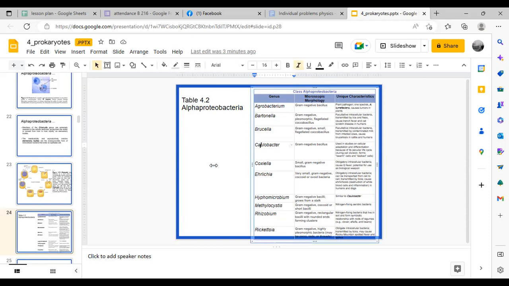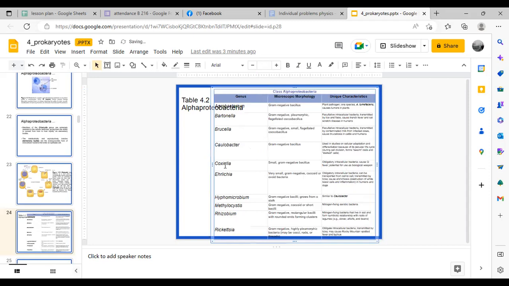Let me increase the size. Okay. You have also Coxiella. These are small gram negative bacillus. Any questions? Do you have any questions?